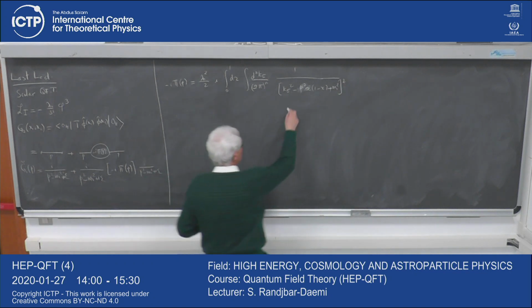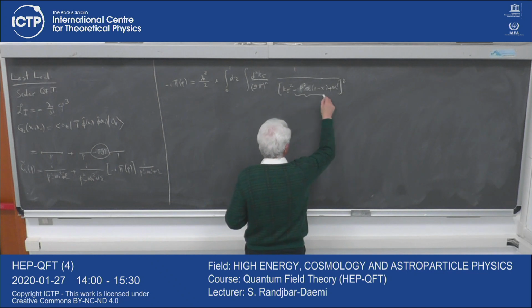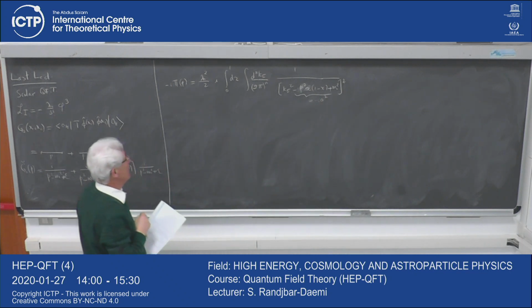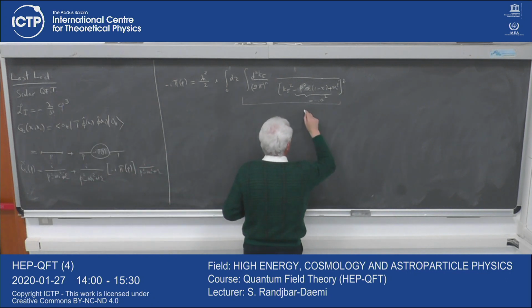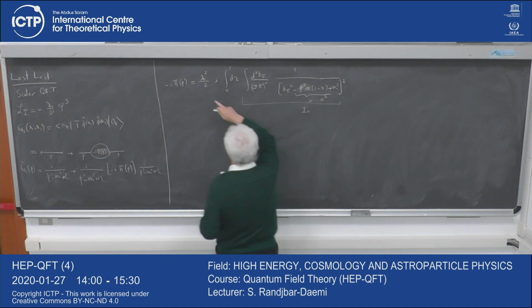we call this object here minus a squared or plus a squared, and called the whole integral, excluding the factor of lambda 0 over 2.